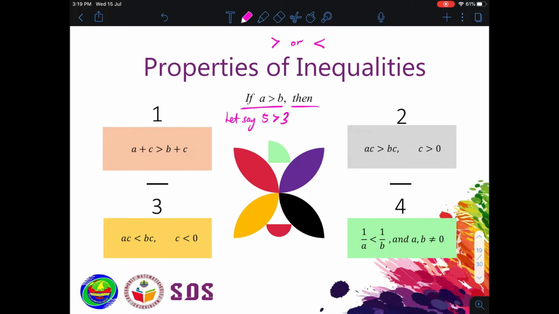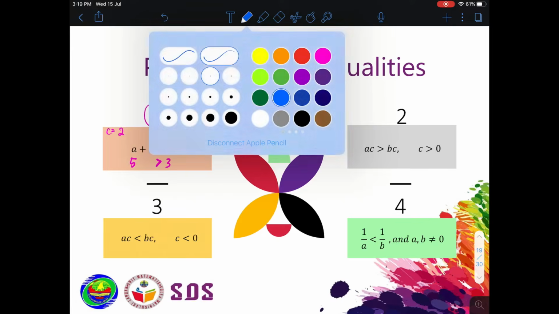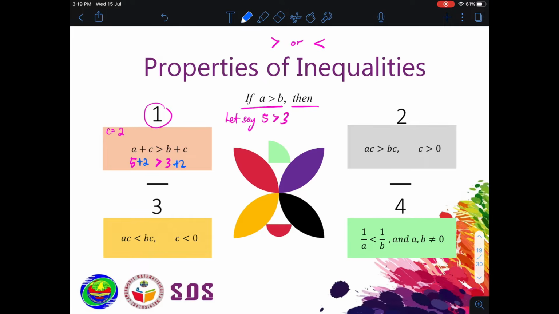Looking at number 1, originally this is what you have, but if you add a certain number, for example 2, to both sides, you know that the left hand side will still be bigger than the right hand side. Therefore this number 1 property shows that it really works.